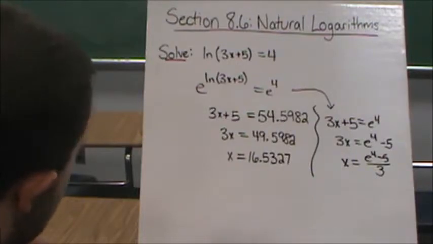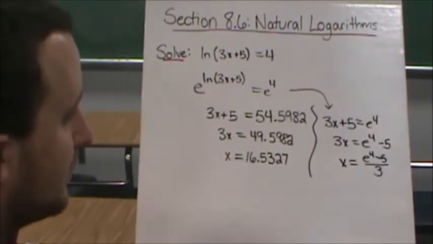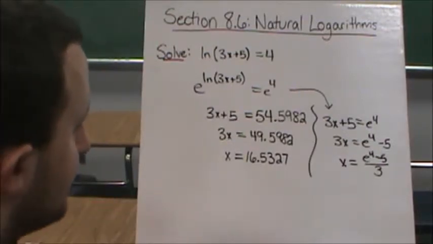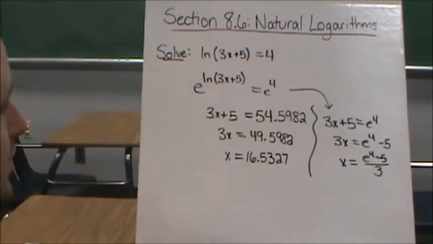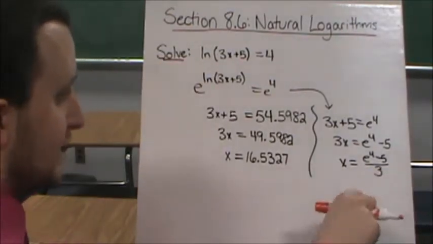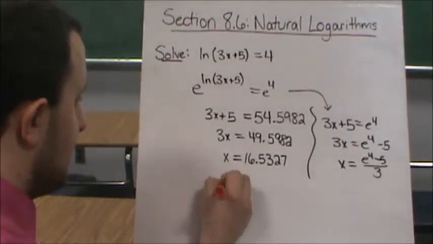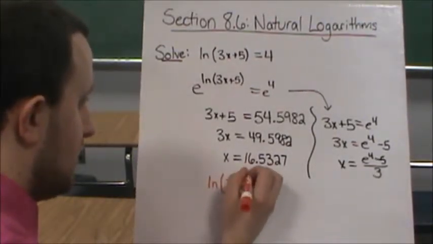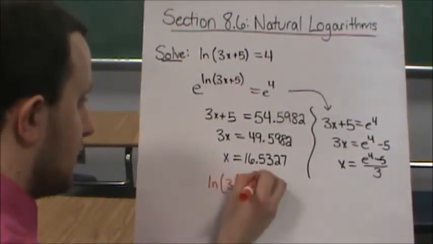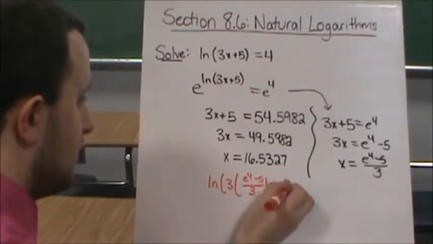So the check would be just as follows: take this value, e to the 4th minus 5 over 3, or 16.5327, and plug it in for x here. I'm going to use this one since it'll work out a little bit nicer for the check. ln of 3 times e to the 4th minus 5 over 3 plus 5.